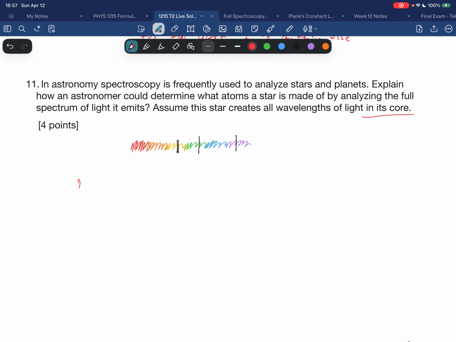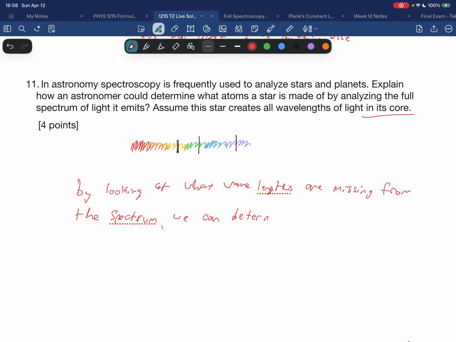So by looking at what wavelengths are missing from the spectrum, we can determine what elements are in the star that are absorbing those missing photons.